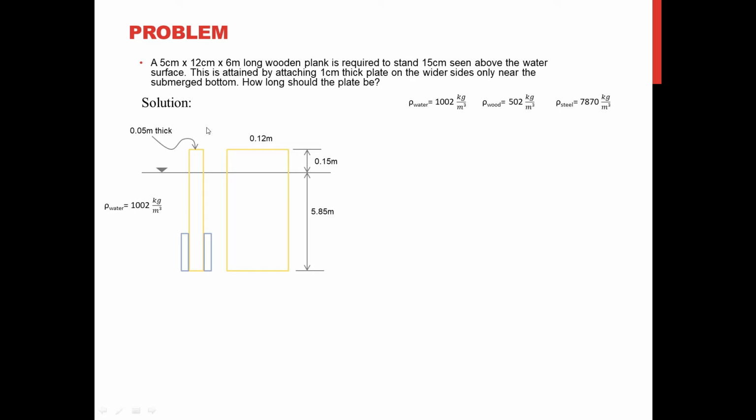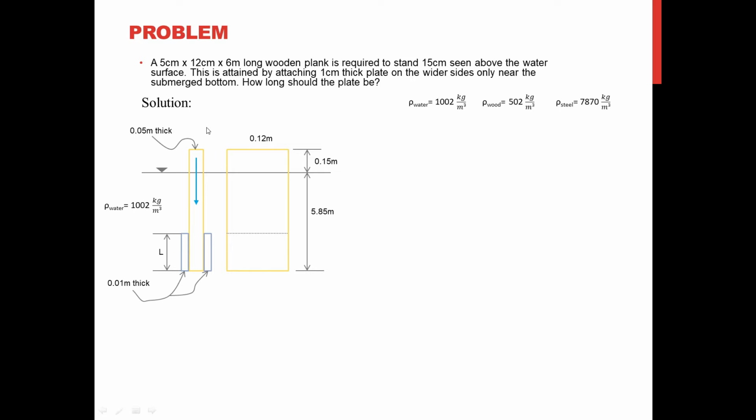Of course, again, I would like to reiterate that this will serve as its anchor. So this steel is 1 cm thick, or that is 0.01 meter in equivalent. So this is the projection on the section. And our task is to determine the length of the plate.